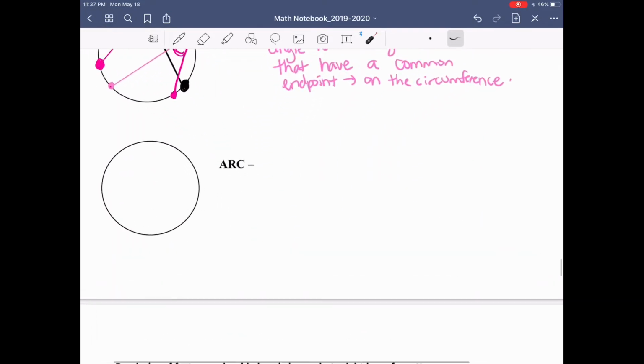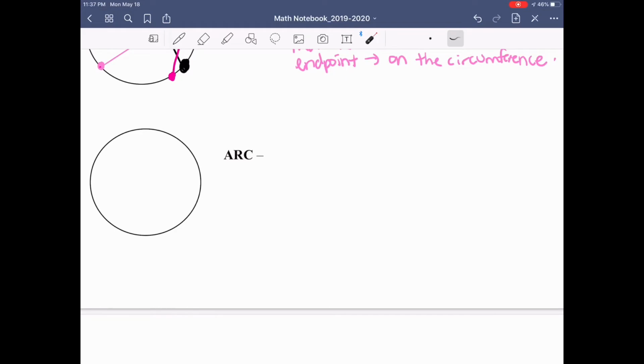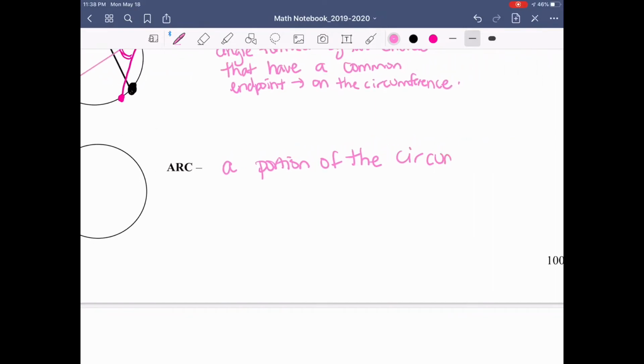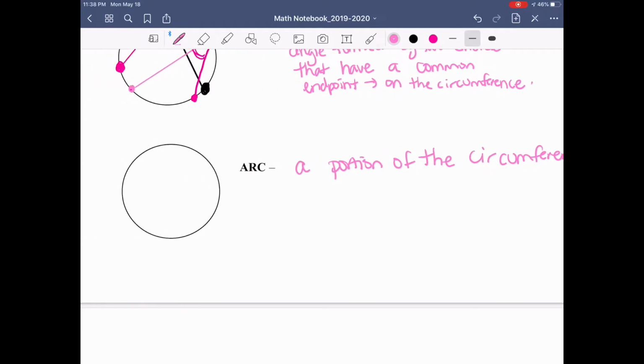Okay, our last definition is an arc. And an arc is basically just a portion or a section of the circumference. Okay, so it's a curved part. It's not a straight line.